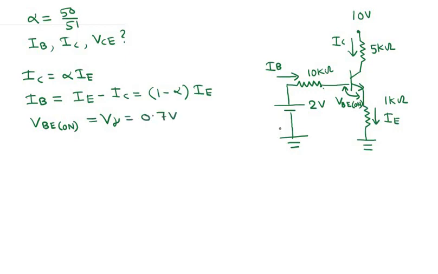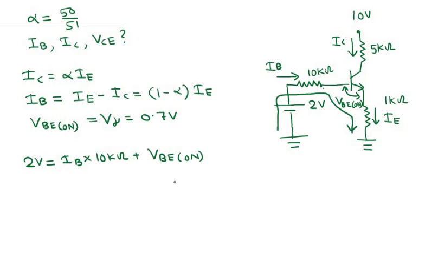Writing Kirchhoff's voltage law in this loop: 2 volts is equal to IB into 10 kilo ohm plus VBE on plus IE into 1 kilo ohm.